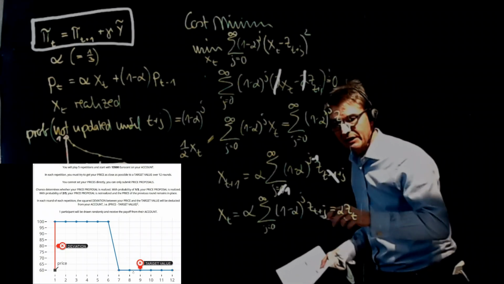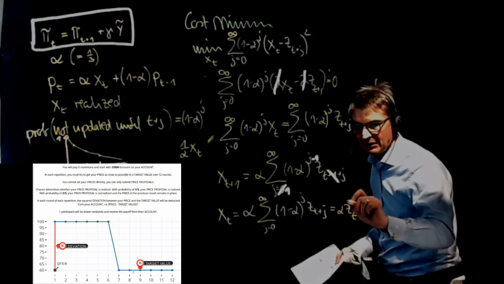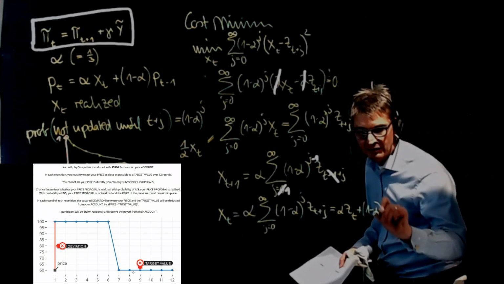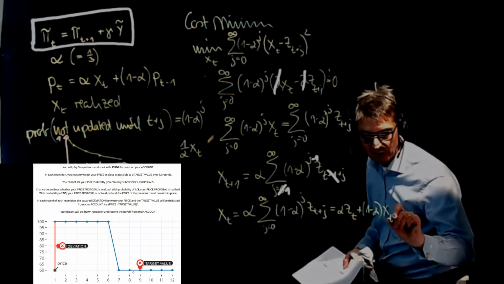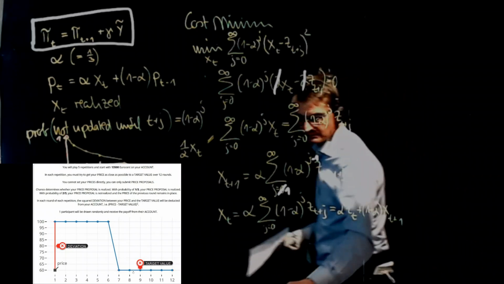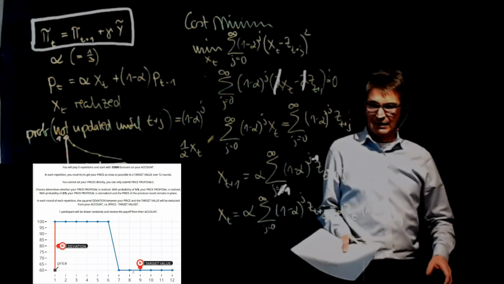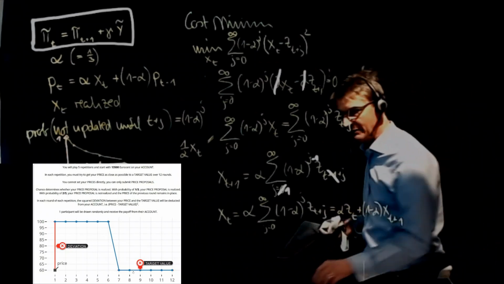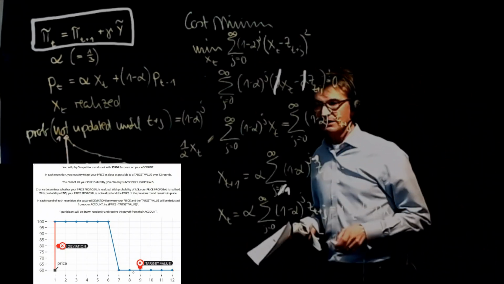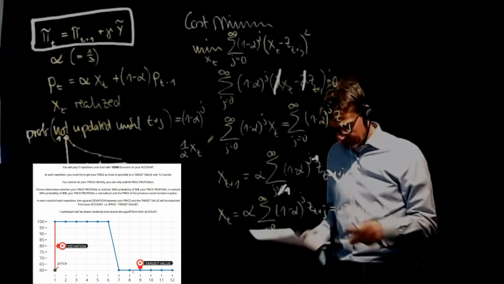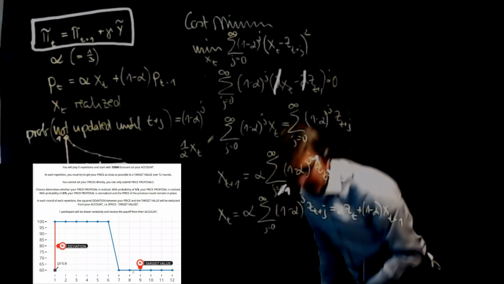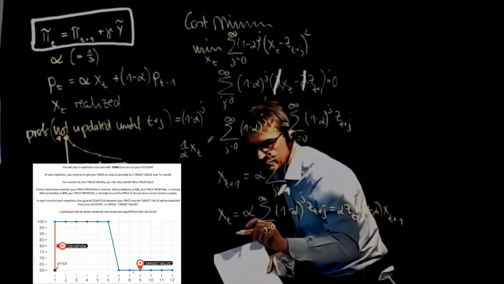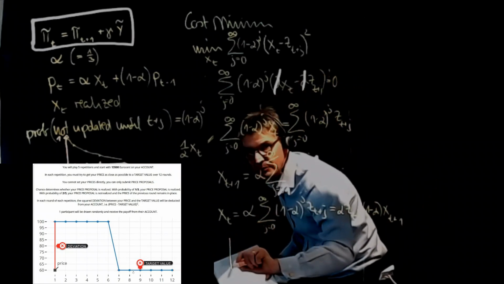So what we get here is alpha z_t plus (1 minus alpha) x_{t+1}. Now that is a very brief solution, and it allows us to understand how one should determine the optimum. So I hope this is still visible.